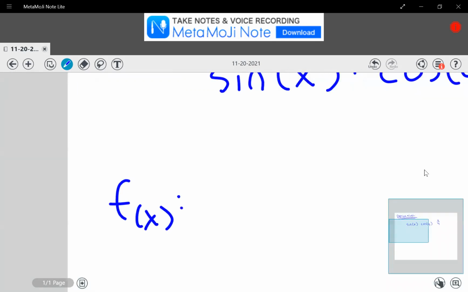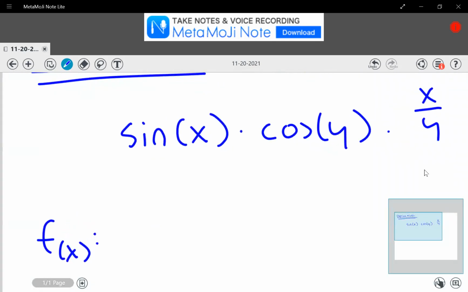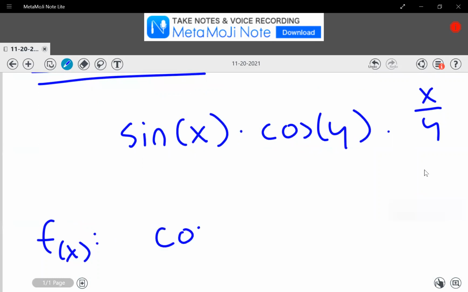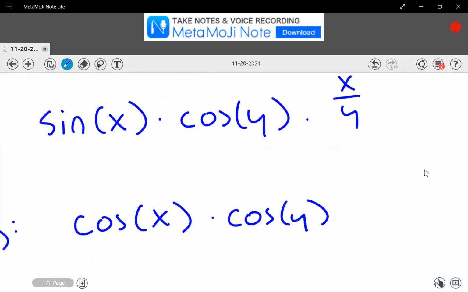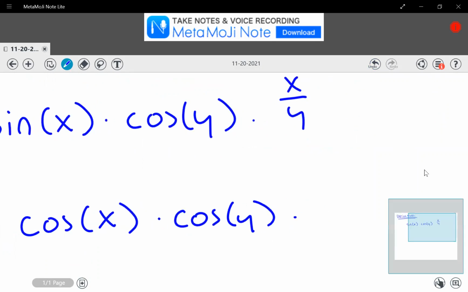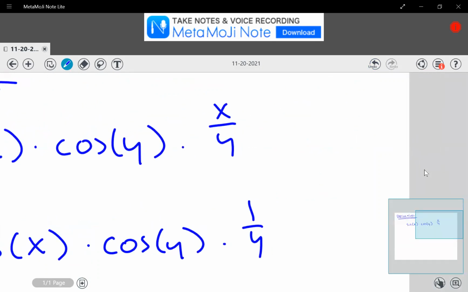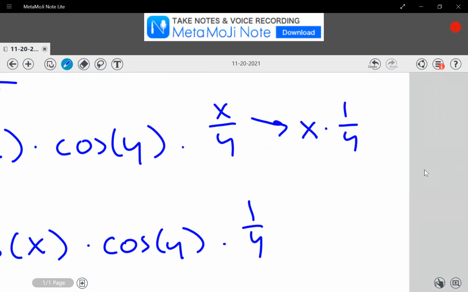Let's find the first derivative. Well, first derivative of sine is cosine of x times cosine of y because y is a constant. So this here is pretty much treated as a normal number, plus 1 over y. Why 1 over y? Because here we've essentially got x times 1 over y, which is equal to x over y. We know y is a constant, so 1 over y will also be a constant and will not change.